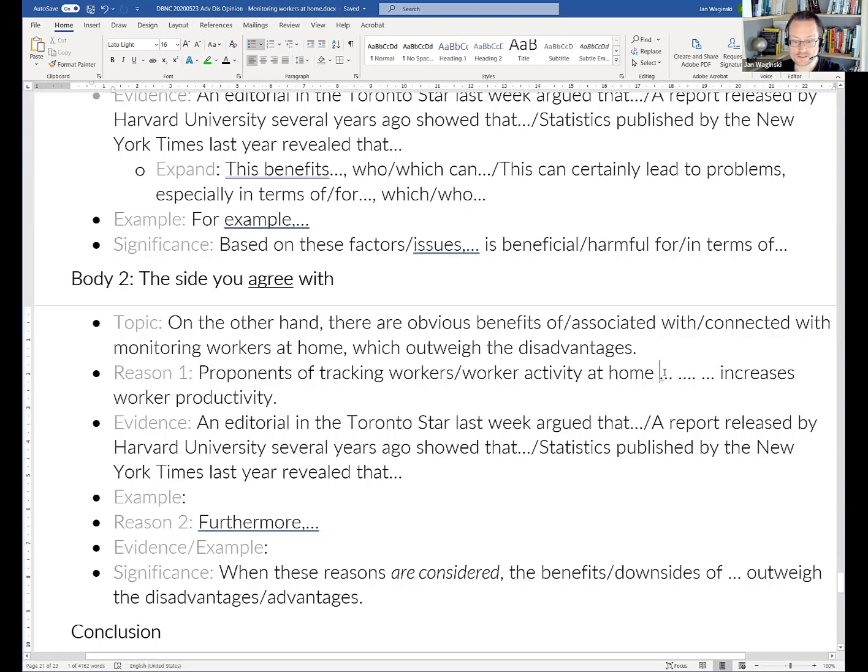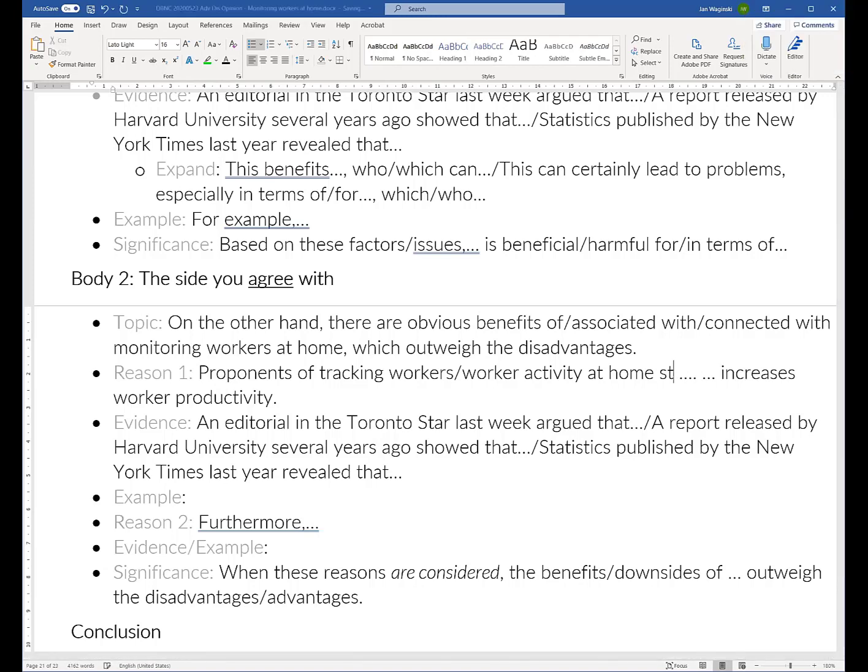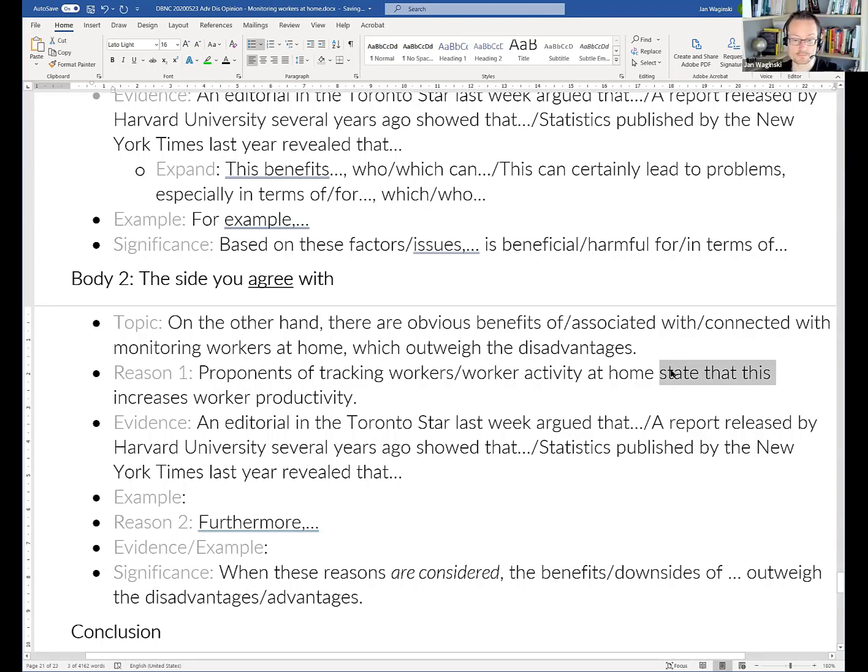Proponents, you need to say something like state that or believe. Need a verb. Yeah. Proponents believe, proponents state, proponents argue.